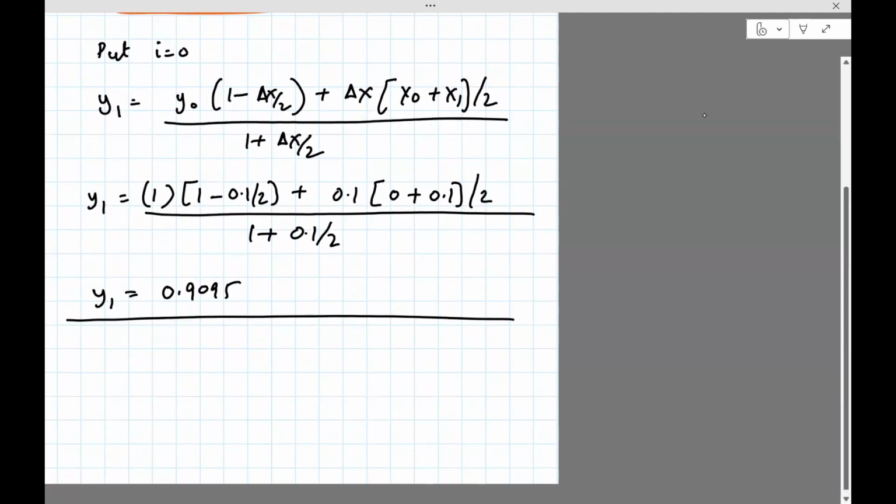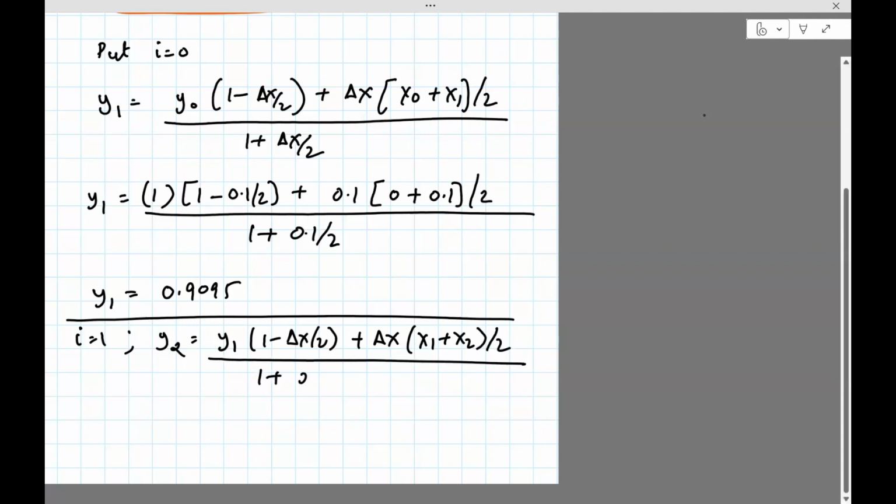And you could do this for i equals 1. So y2 equals y1 (1 minus delta x divided by 2) plus delta x (x1 plus x2) divided by 2, the whole thing divided by 1 plus delta x divided by 2.